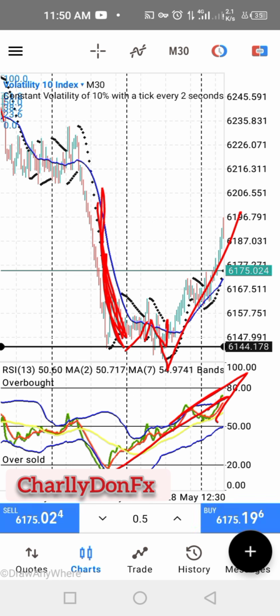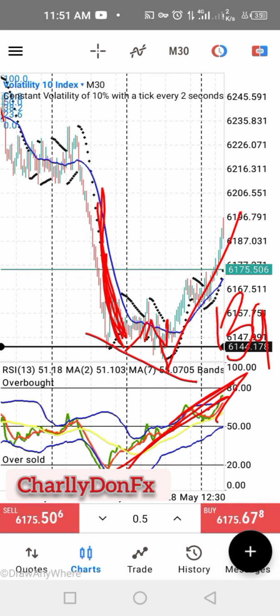Now if we draw our trend line from here, can you see that? And check the trend line from the indicator window. It's heading upward. Can you see the divergence there? That is a buy. You have to take your buy.